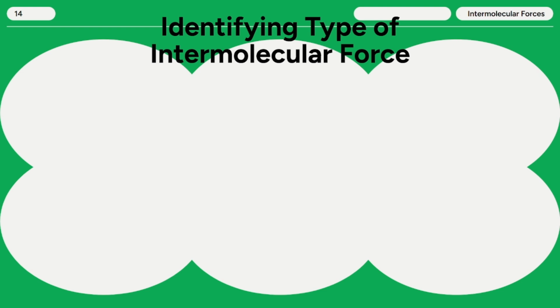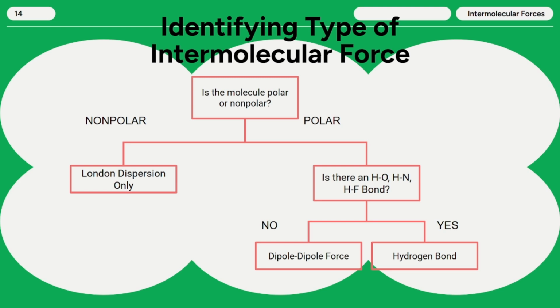So how do we actually identify the type of intermolecular force? Here on the screen, I have a kind of chart, or a mind map, to help us think about what type of force a molecule would experience. The first thing you want to think of is: is the molecule polar or nonpolar? If the molecule is nonpolar, it will only experience London dispersion force.